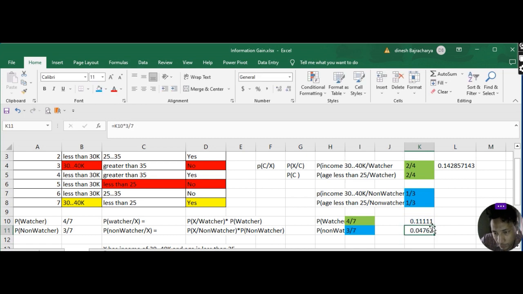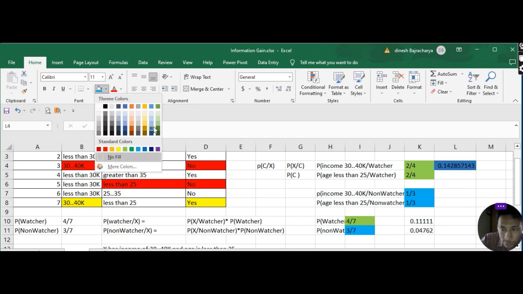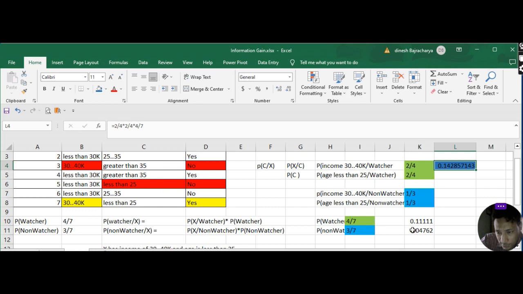So I am getting this value. Here we can see this value and this value, and we have to compare them. The value here is greater than this value. So what we can say is X belongs to watcher. In this way, using conditional probability and the concept of Bayes' theorem, we can classify given data.